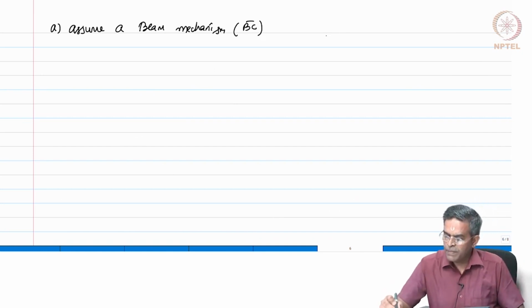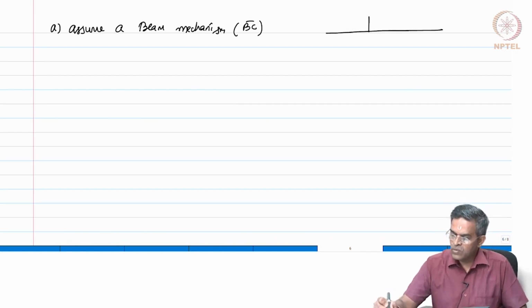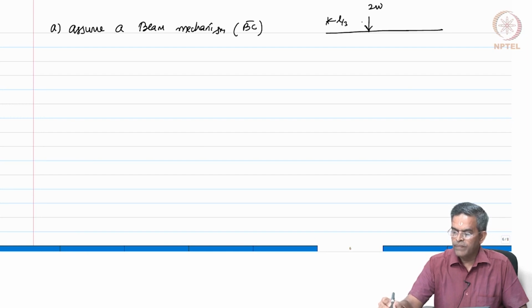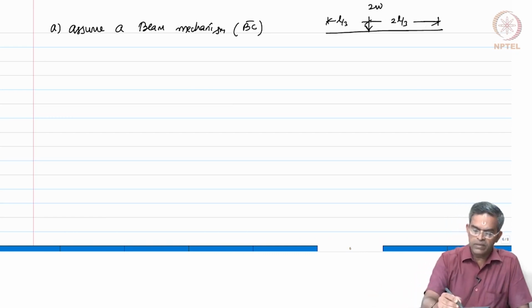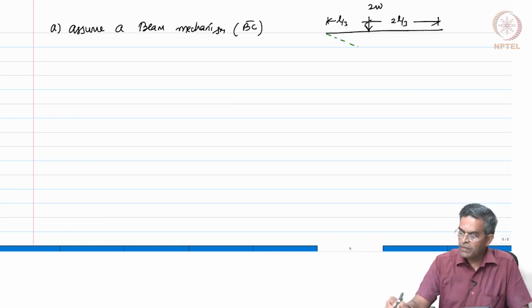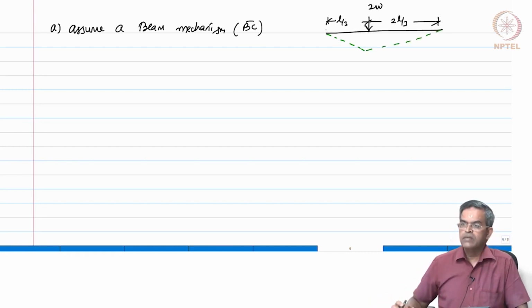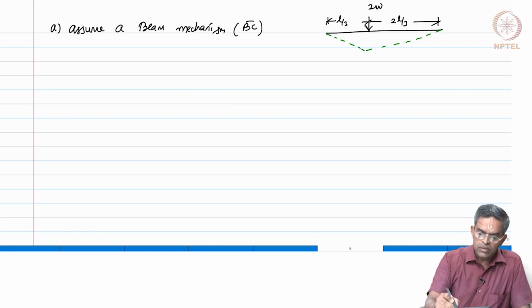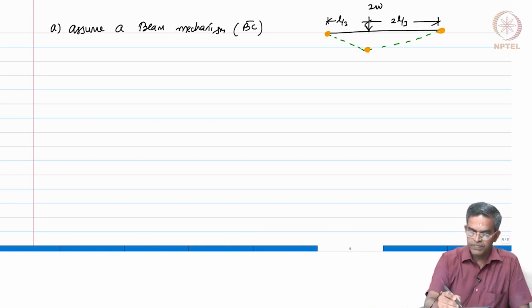Let us draw that beam separately. So, there is a load 2W here, this is L by 3, this is 2L by 3. This is my deflected shape of the end B. So, let us assume that I have 3 hinges formed here. So, it is a partial collapse mechanism.